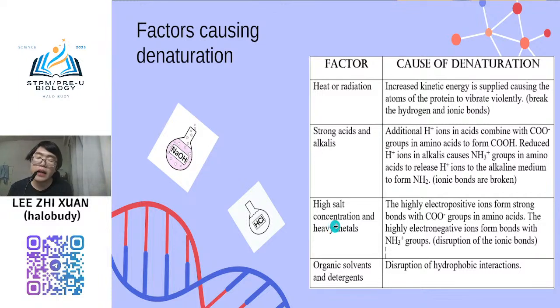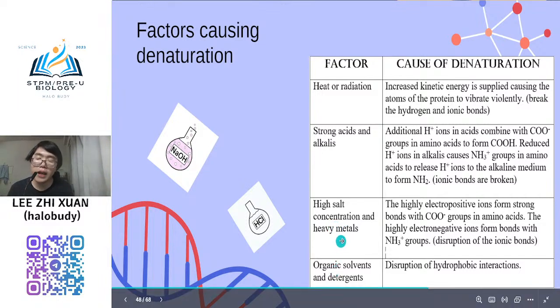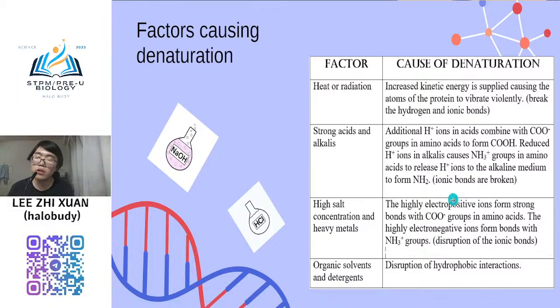A high salt concentration or heavy metals can also cause it. Normally this is a high salt concentration because you can form very electropositive ions that form a strong bond with the carboxyl group in amino acid. This is according to the ECS, the electrochemical series.